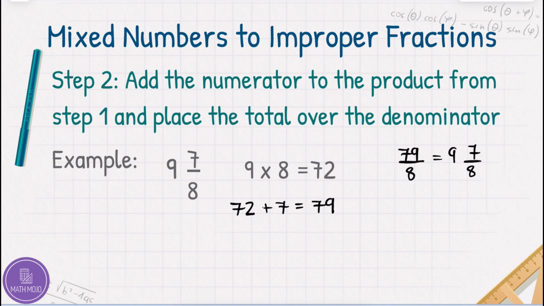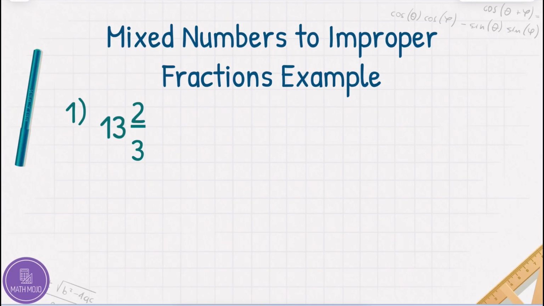All right. Now let's try one last example. We have our whole number 13 and our part fraction, which is 2 over 3. Now we have to take our whole number and multiply it by our denominator. So we're going to do 13 multiplied by 3.